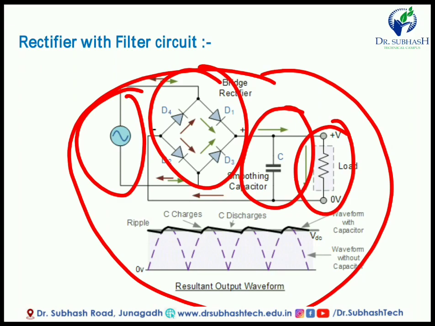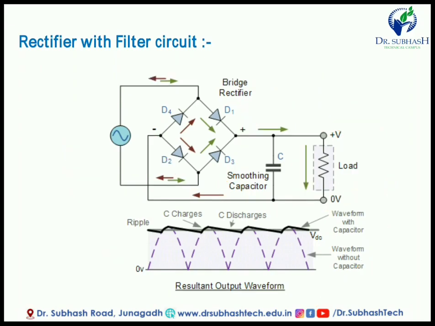If you want to glow an LED or run a DC motor, then this rectifier circuit is most important. Using this rectifier and filter, you can design your own mobile charger.